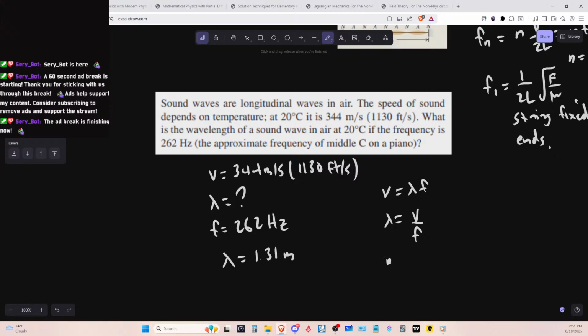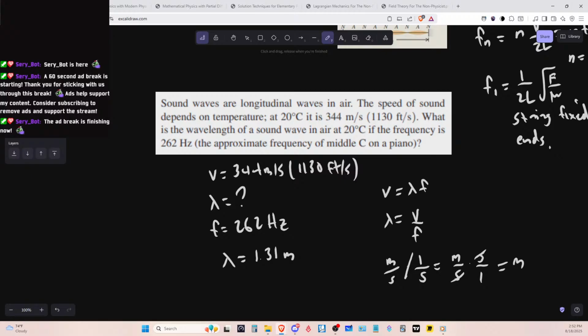Let's do dimensional analysis here. Hertz is 1 over s, because it's 1 cycle per second. It's supposed to be divided, so you multiply by the reciprocal, and I think the answer is in meters.